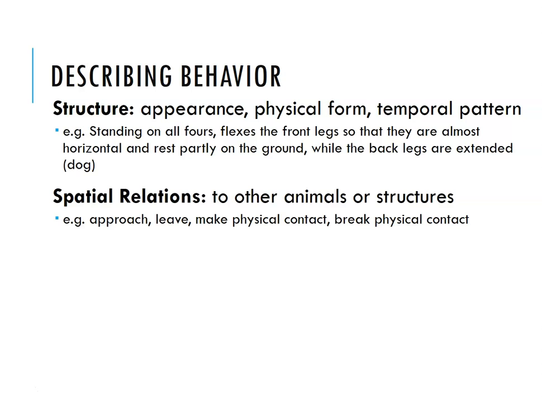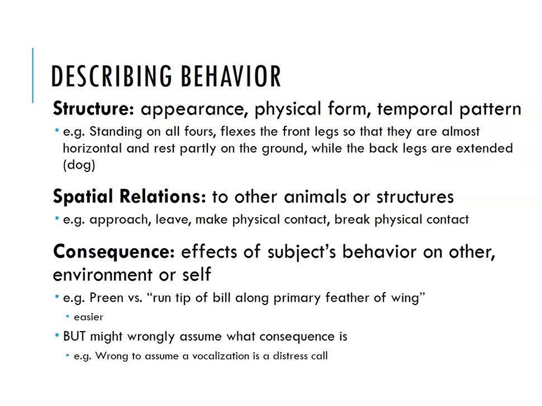Are they breaking physical contact with someone or something? So sort of the location, spatially, where is that behavior occurring? And then we can add in the consequence, so the effects of the subject's behavior on another organism, another animal, the environment, or self.